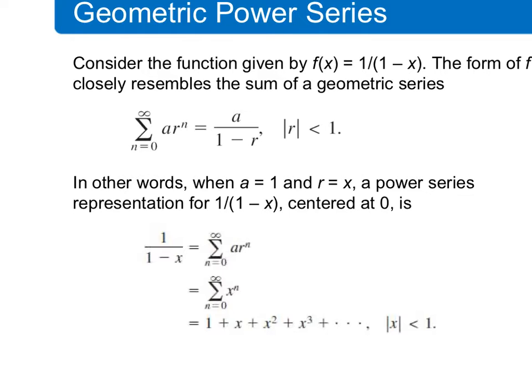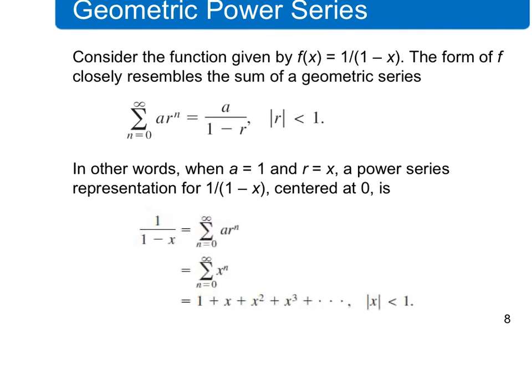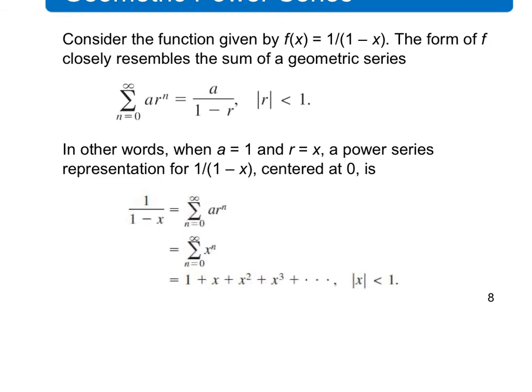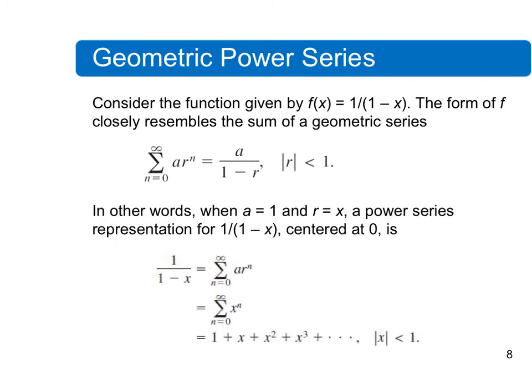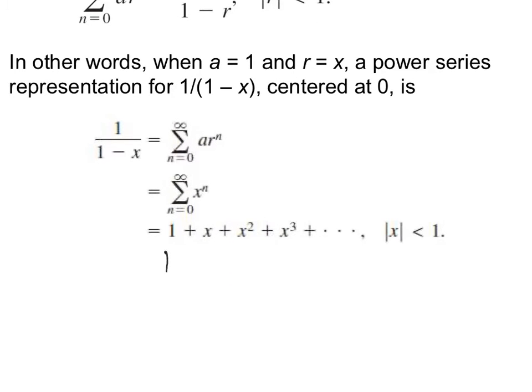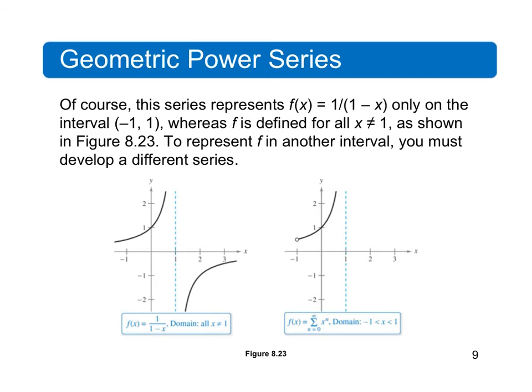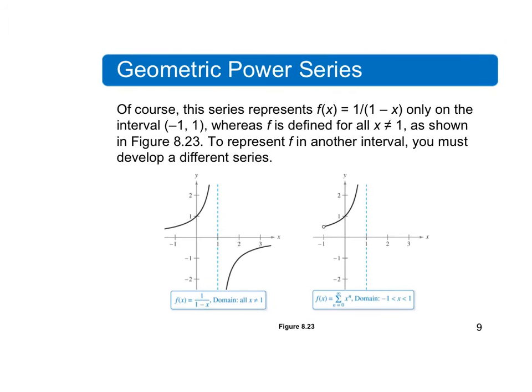Are you ready to do one? That's the same problem. It is centered at 0. Notice this, 1 plus (x minus c, which is 0) plus (x minus c) squared. That's so you see the problem. Remember, a power series always has a center.